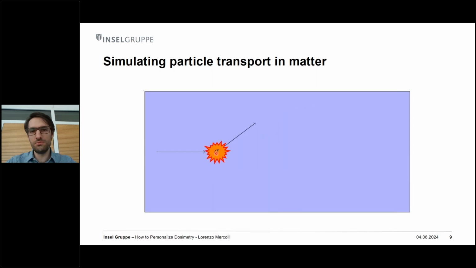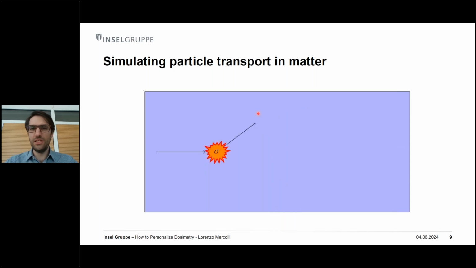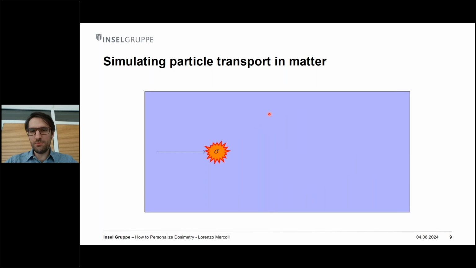And then we continue. We just sample again a certain path length. We come to another point interaction. Again, maybe we can produce some secondary particles. We deposit again some energy, and then we just play this game over and over again.